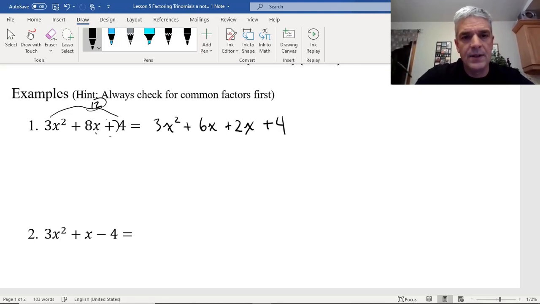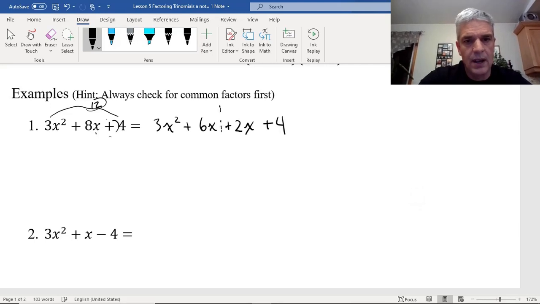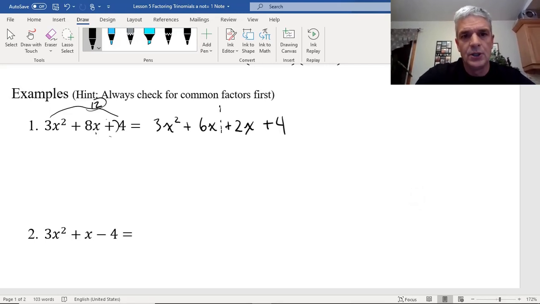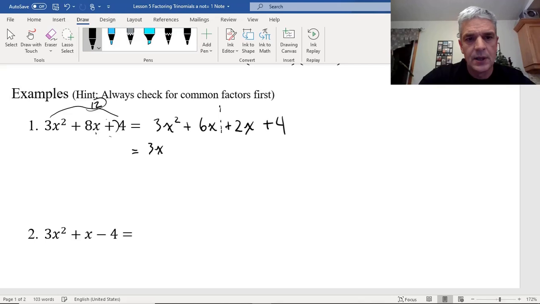Okay, now this is set up beautifully for a factoring by grouping question. So in this case, I'm going to factor the first half and the back half separately. So here I see that I can factor out a 3 and I can factor out an x. So I factor out the 3x, and that leaves me with x plus 2. And then on this side, I see what can I factor out?